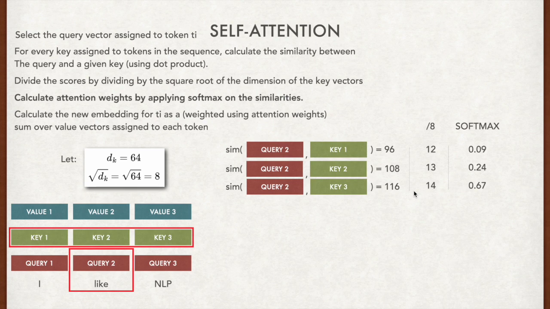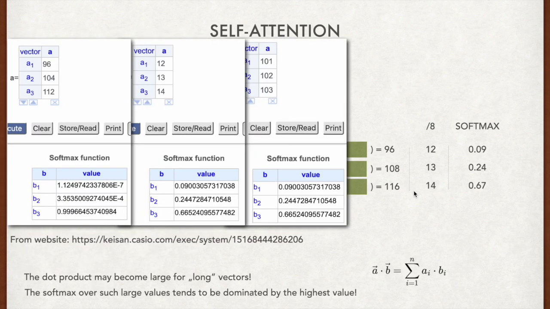Now we can discuss the need of dividing the dot products by the square root of the length of the key vector. Long vectors might produce large dot products, as they are sums of the products of the values at the corresponding positions of two vectors. The variability of those values might be quite high for those long vectors.